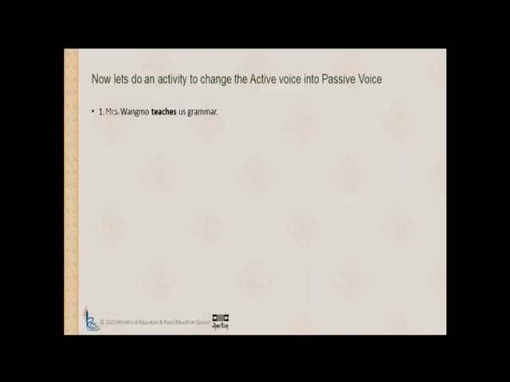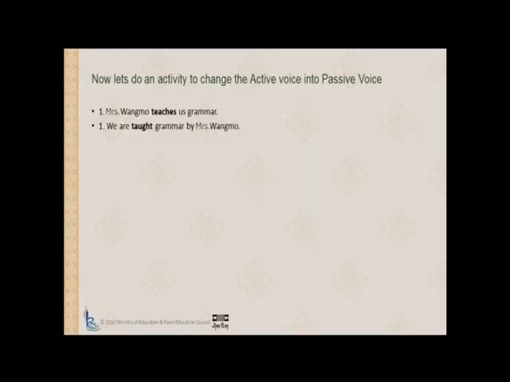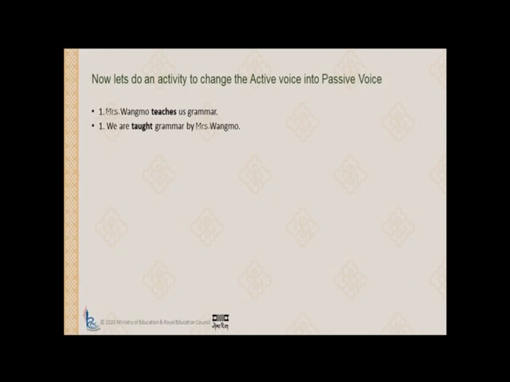Now, let us see how this sentence can be changed into a passive voice. We are taught grammar by Mrs. Wangmo. In the first sentence, Mrs. Wangmo is the subject and the students, us, is the object.